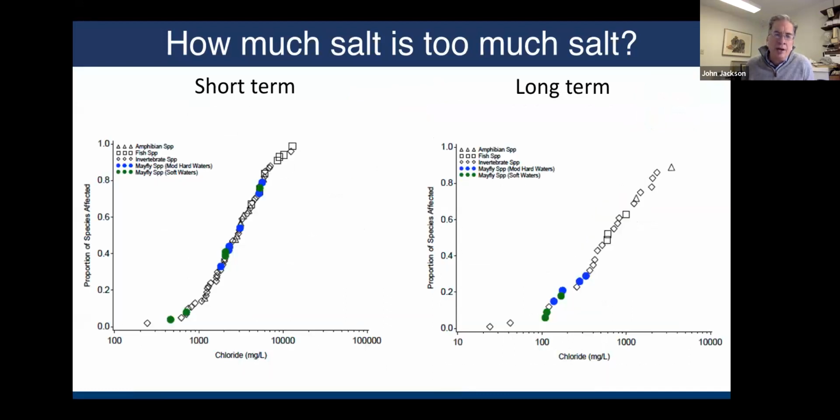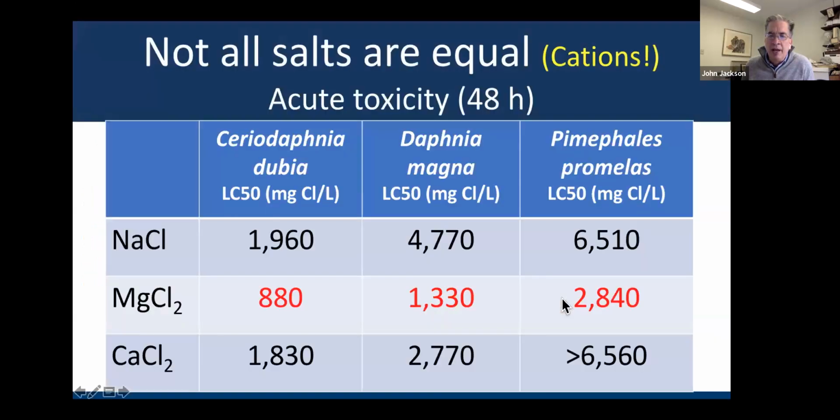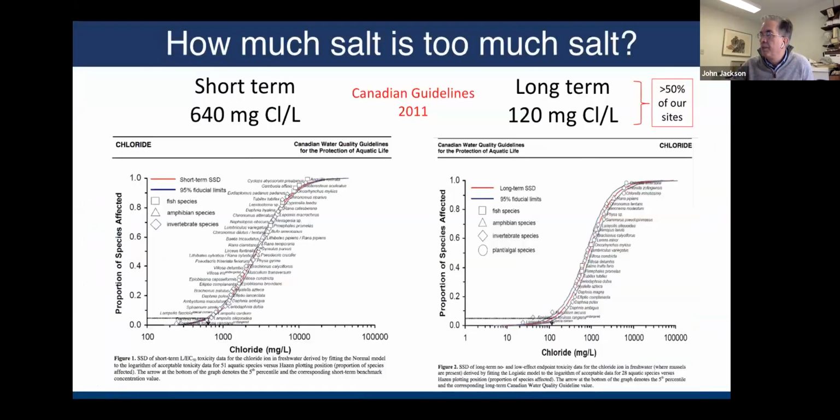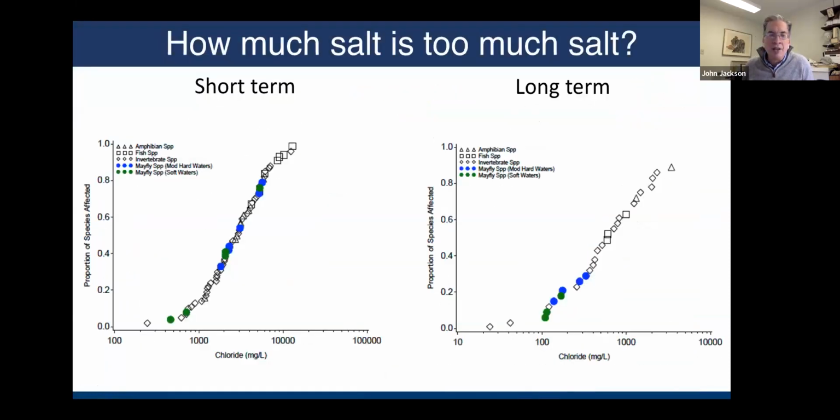We plotted our mayfly data on those same plots. The blue ones are mayflies in hard water versus mayflies in soft water. And why does it do that? Something's going on. But what jumps out at you is that no matter what, these mayflies, as you well know, end up being quite sensitive.